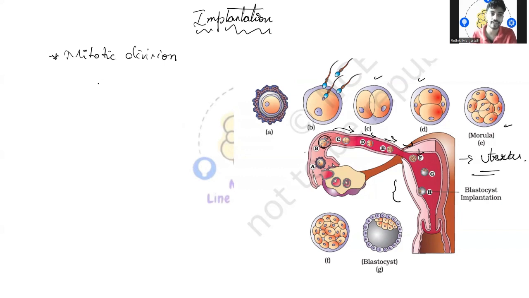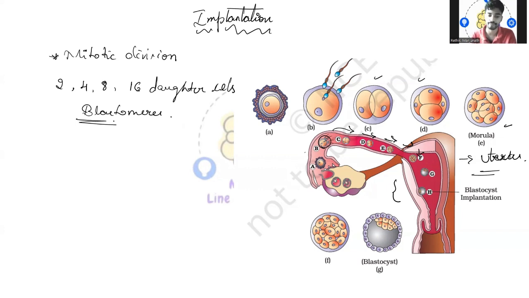Cleavage happens, forming 2, 4, 8, then 16 daughter cells, and they are called blastomeres. An embryo which has 8 to 16 blastomeres is called a morula. So morula is like 8 to 16 blastomeres.